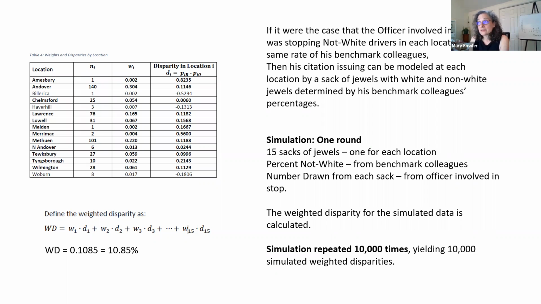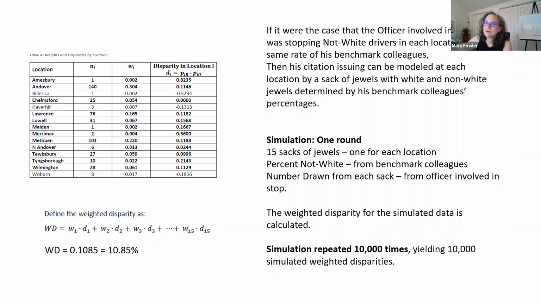So if it were the case that the officer involved in the stop was stopping non-white drivers in each location at the same rate as his benchmark colleagues, then his citation issuing can be modeled at each location by a sack of jewels, right? Using that same simulation we had in the first video in the series.